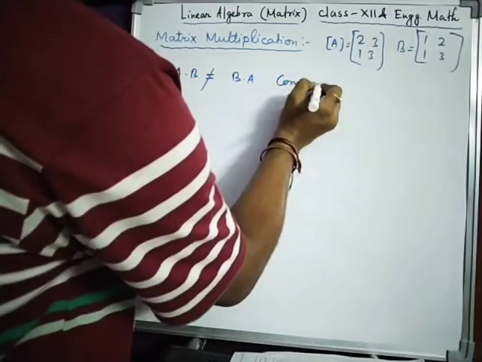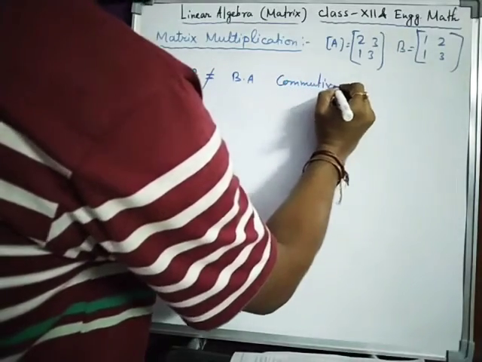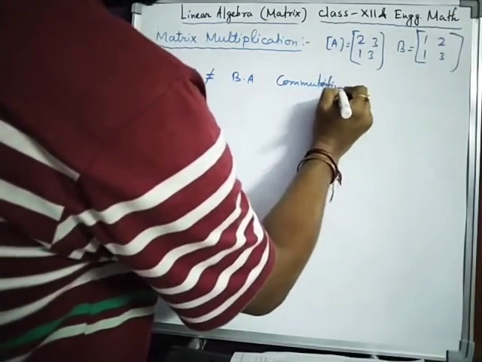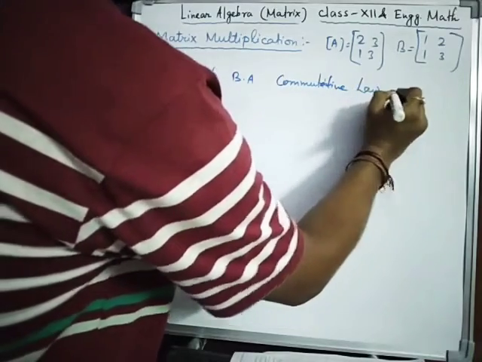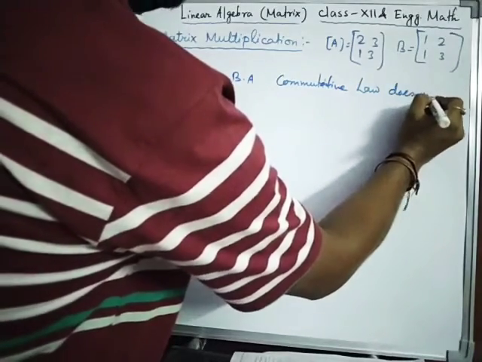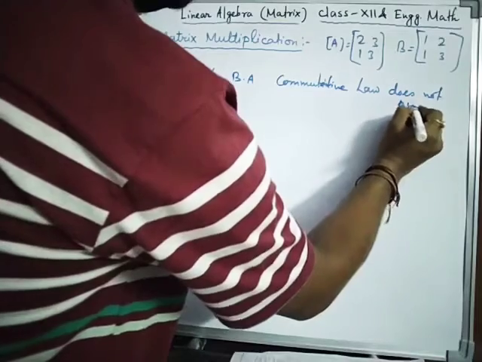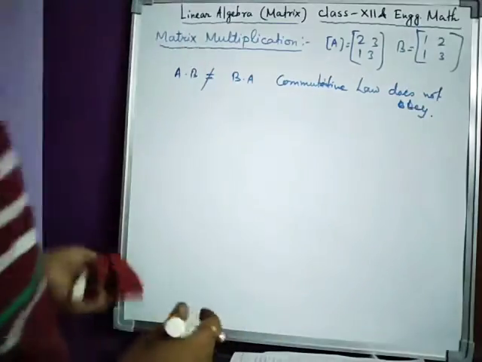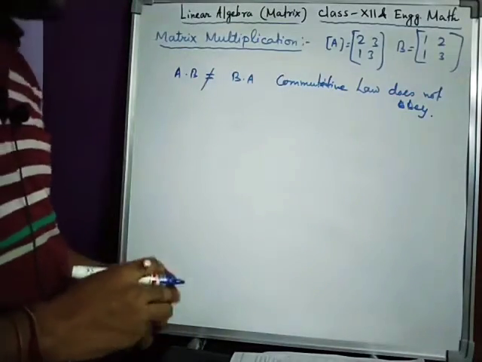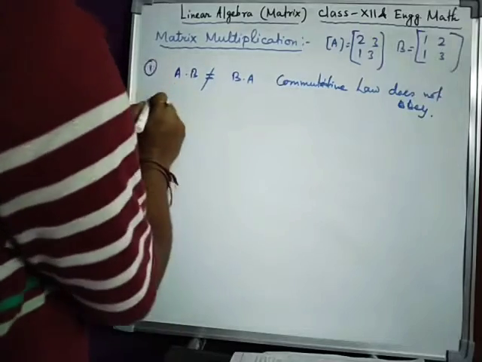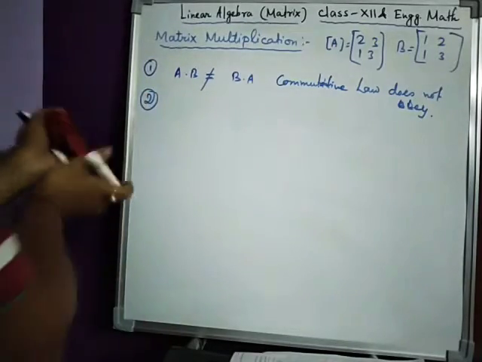The commutative law does not obey. This is the first case. Second case, but the associative property does obey.